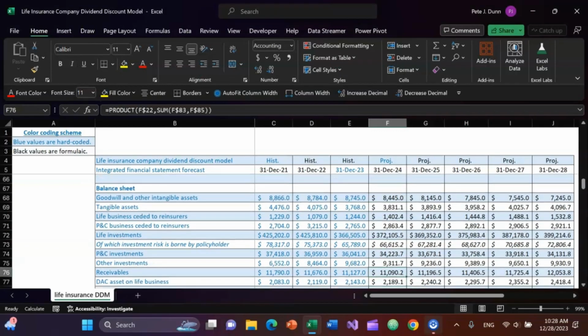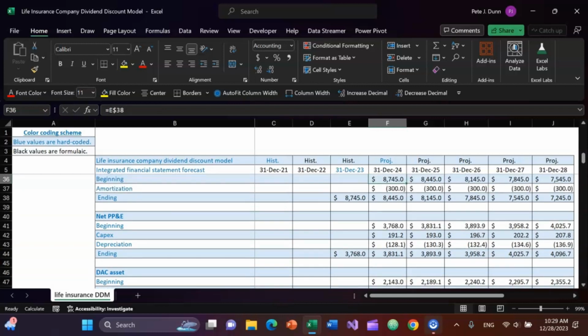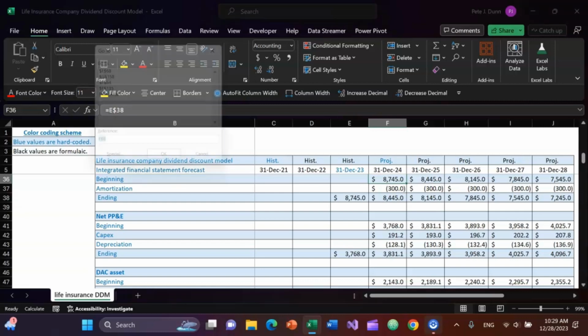And now we'll come down here to the balance sheet. Goodwill and other intangibles. Well, we already built that out in row 38, so Control F bracket. This comes from the goodwill schedule that was built earlier in this video.